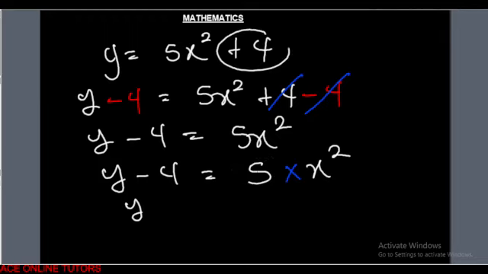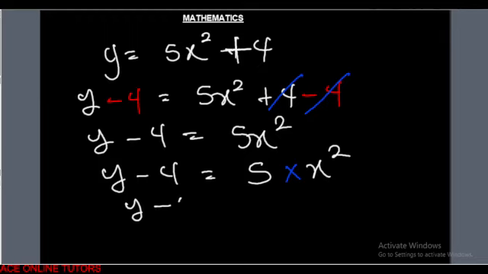Look at this. It was 4 that we were trying to remove. That's why we subtracted 4 from both sides. Don't go and divide both sides by 4. If you divide both sides by 4, you are wrong. Why? Because it is addition that joined that 4, not multiplication. So let's see what is going to happen.